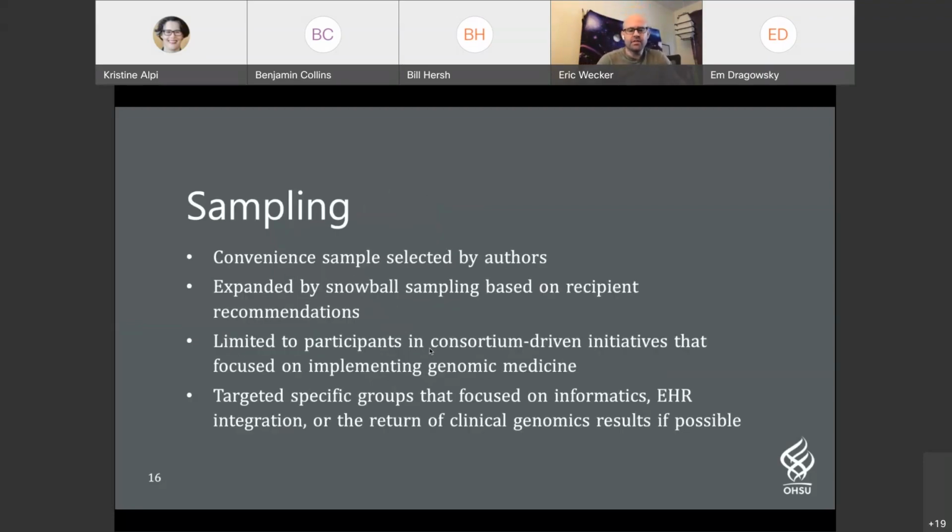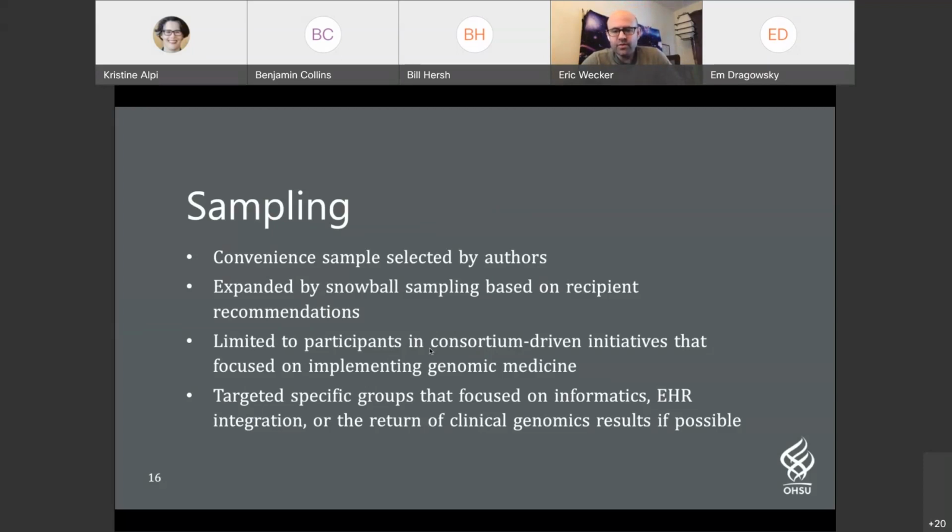So the authors selected a sample based on convenience, and then they got recommendations from the people they invited to expand their sampling size. They limited it to participants in a consortium-driven initiative focusing on implementing genomic medicine.